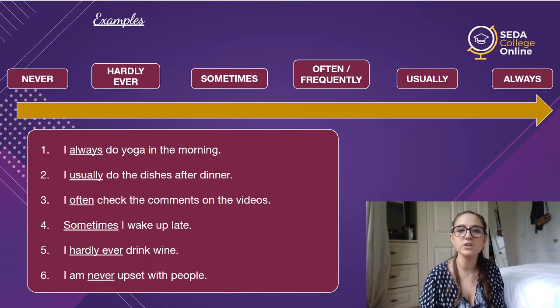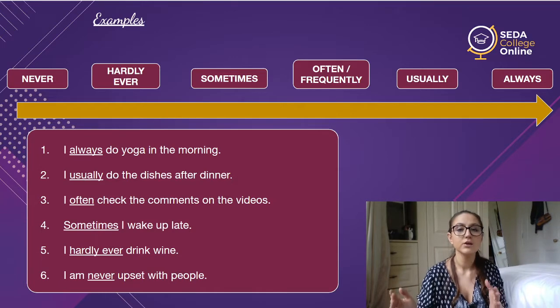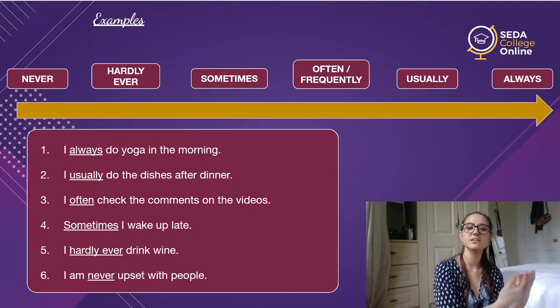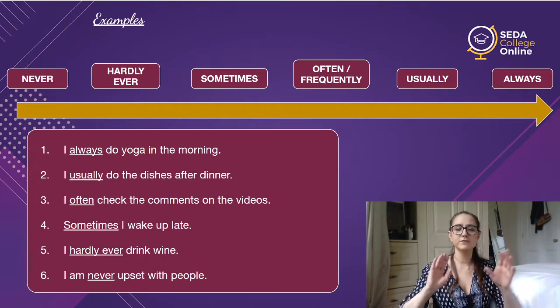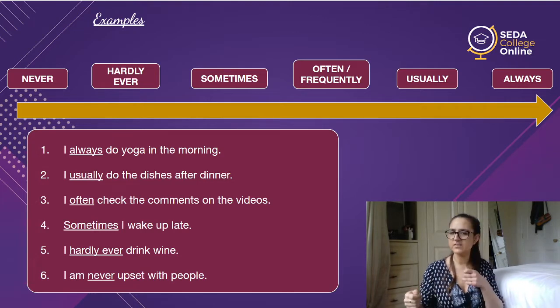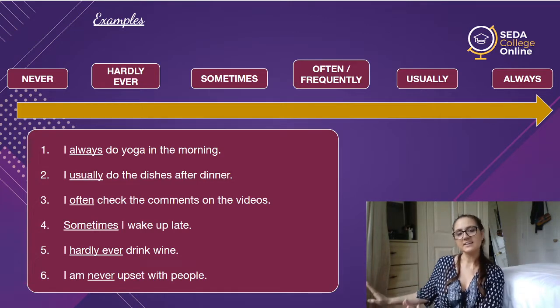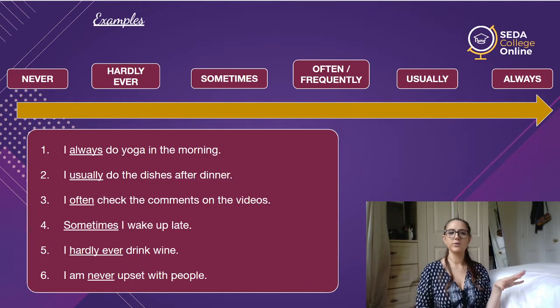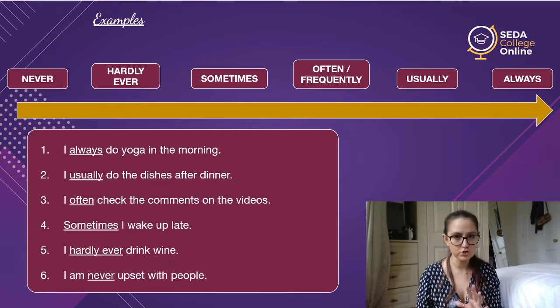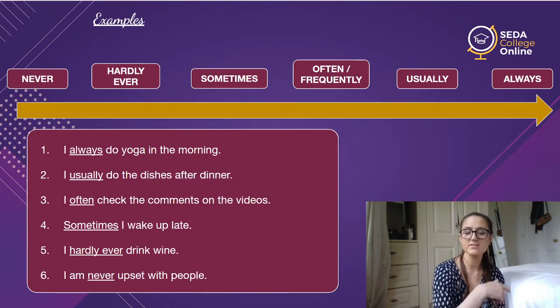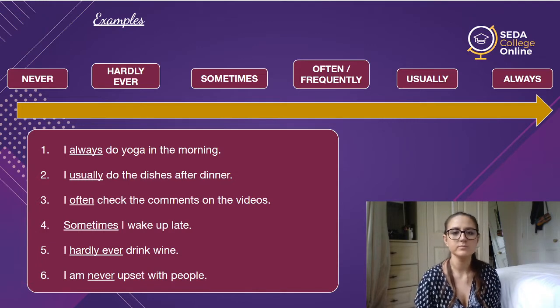So when dinner finishes, I ate everything and I clean everything and then I go relax. So I normally do the dishes after dinner.